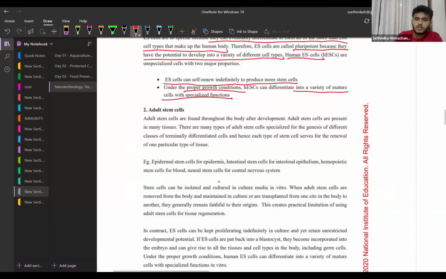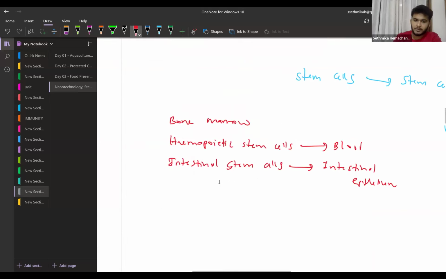Adult stem cells are found throughout the body after development. Adult stem cells are present in many tissues. There are many types of adult stem cells specialized for the genesis of different classes of terminally differentiated cells, and hence each type of stem cell serves for the renewal of only one particular type of tissue. Hemopoietic stem cells serve only the blood tissue. Intestinal stem cells serve only the intestinal epithelium.